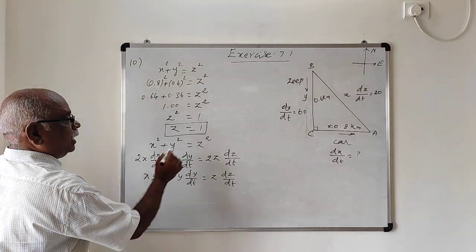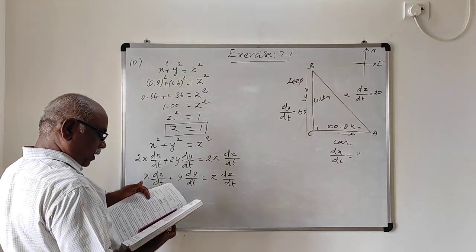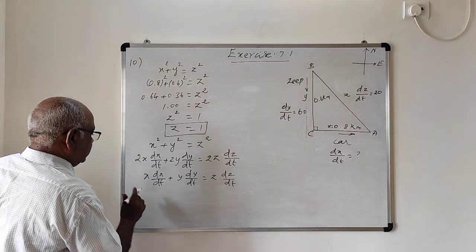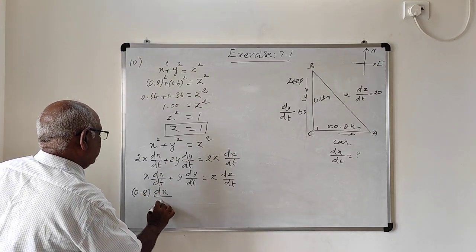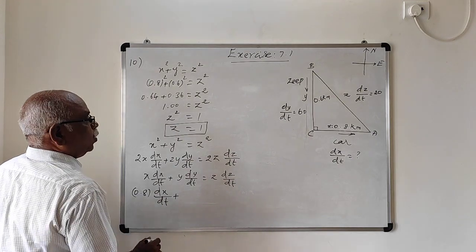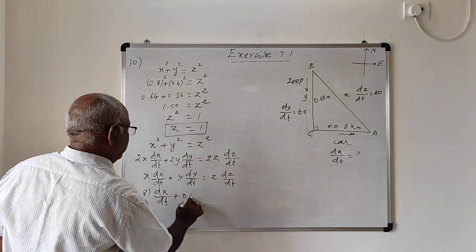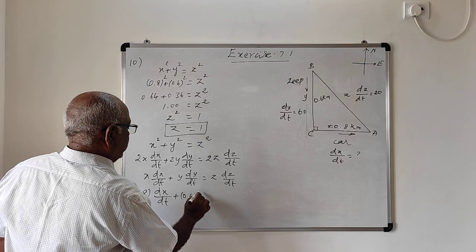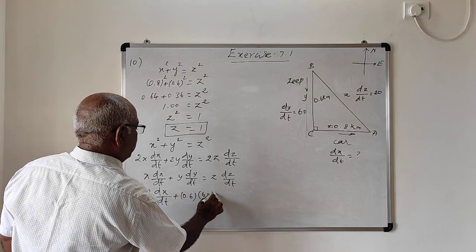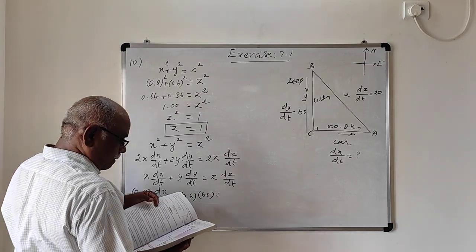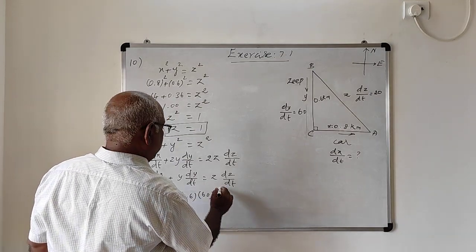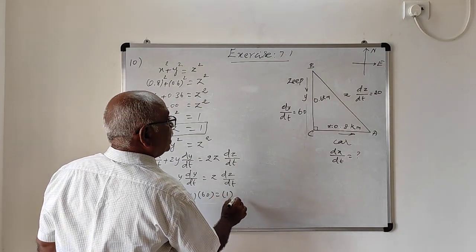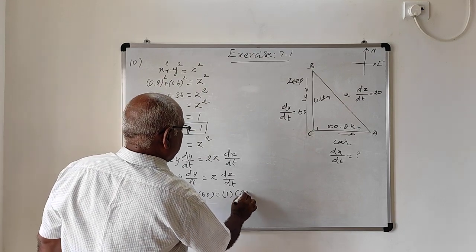The value of x is 0.8, and dx by dt you have to find out, plus y, 0.6, into dy by dt, which is 60. And z is 1, as we determined, and dz by dt is 20.